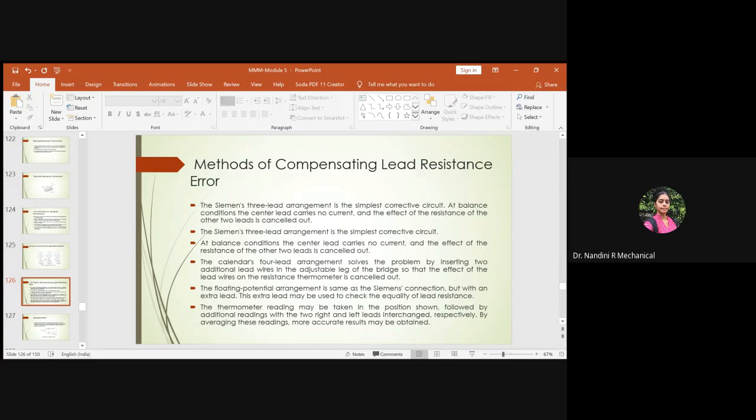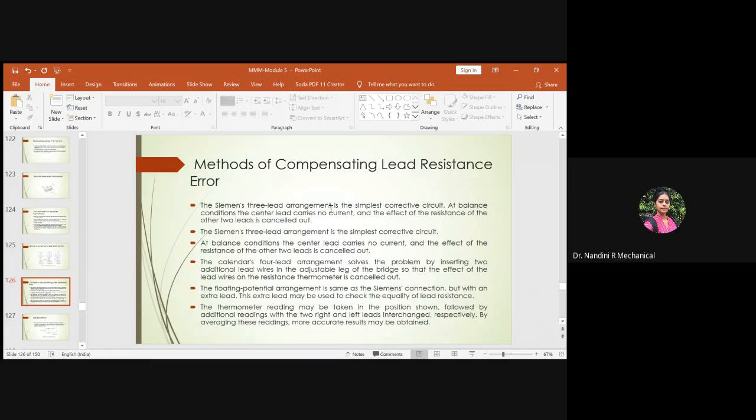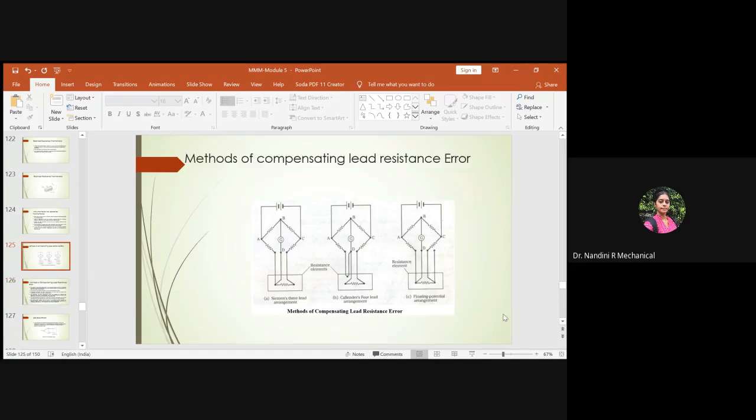Out of these, I told you the first one is the most commonly used. The Siemens three-lead arrangement is the simplest corrective circuit. At balance condition, the center lead carries no current. So when the given circuit is balanced, the center lead will not carry any current through it.